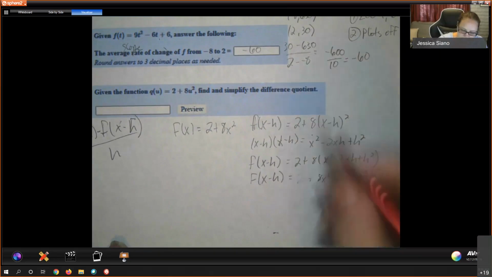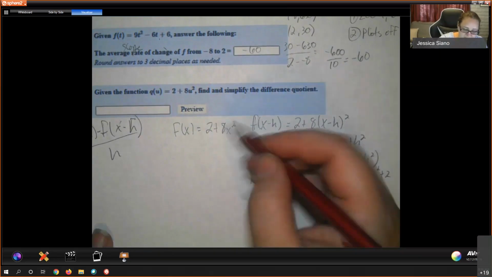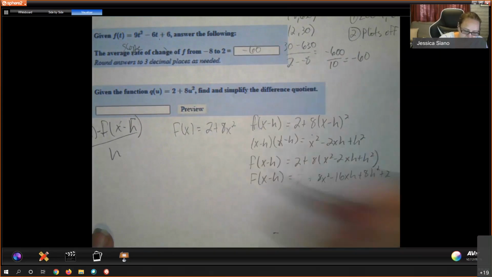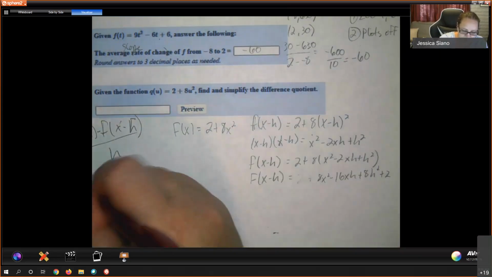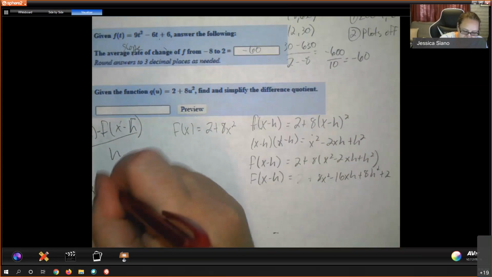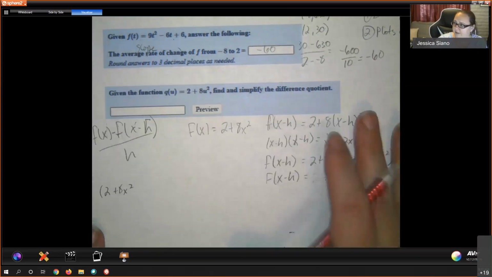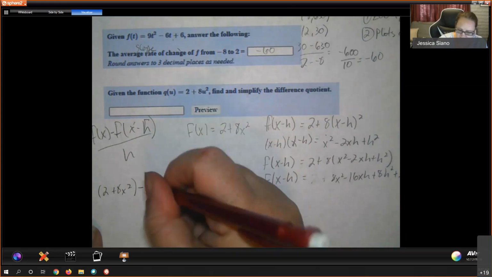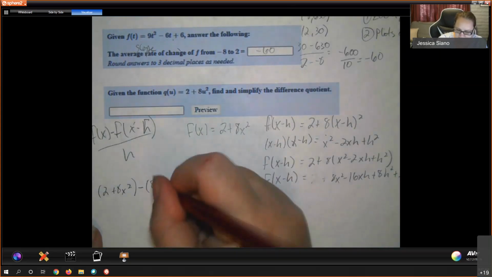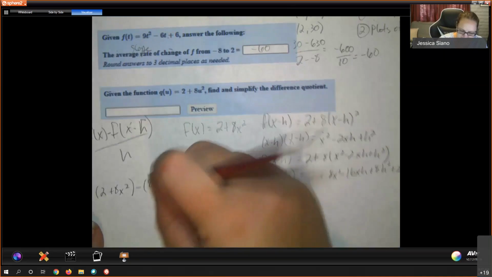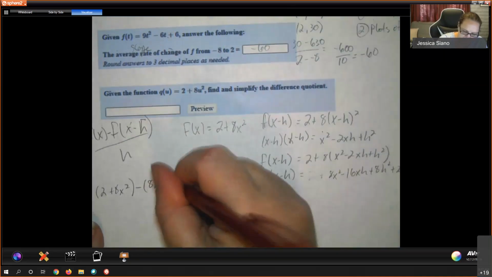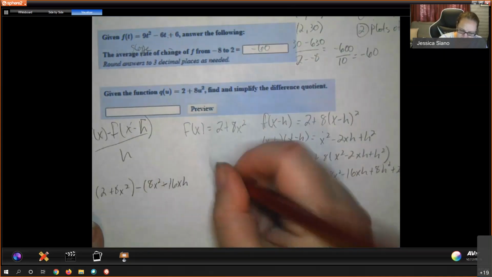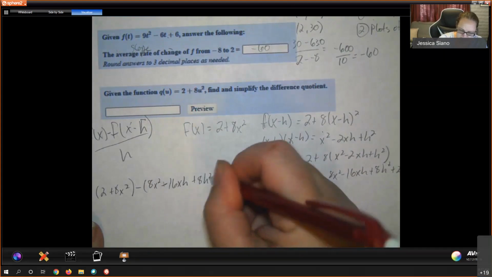Okay, so now I'm going to do this and subtract this. So 2 plus 8x squared minus 8x squared minus 16xh plus 8h squared plus 2.